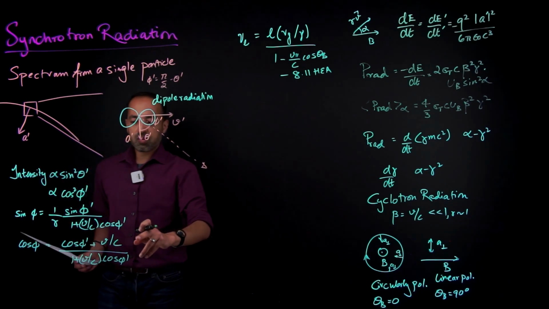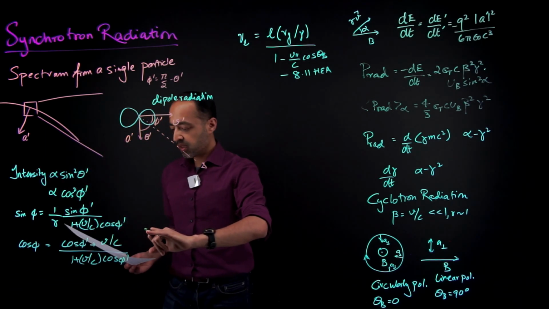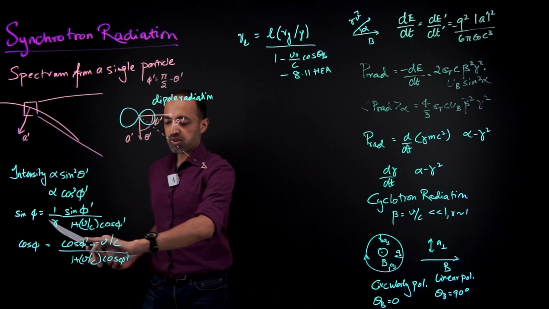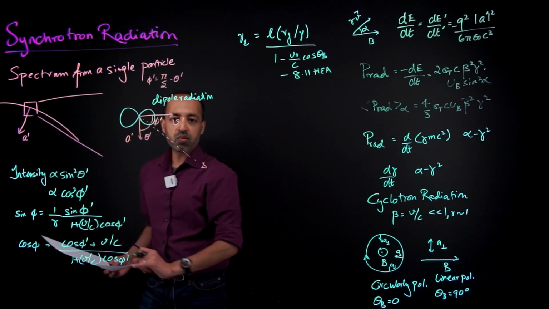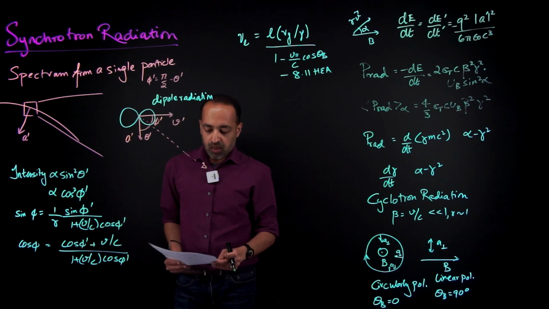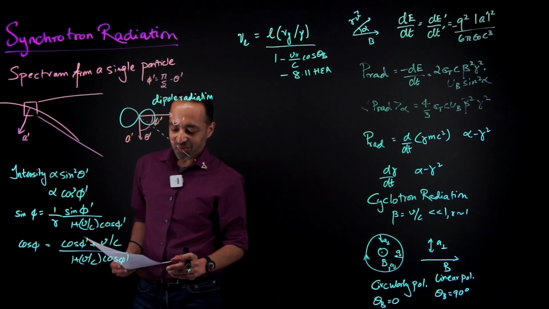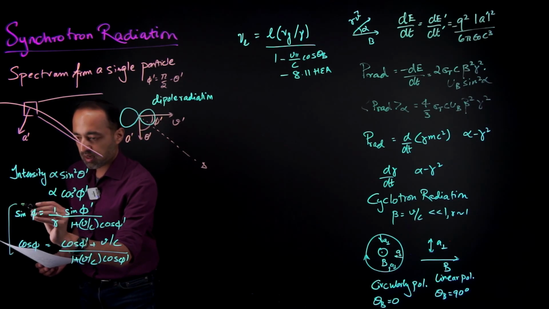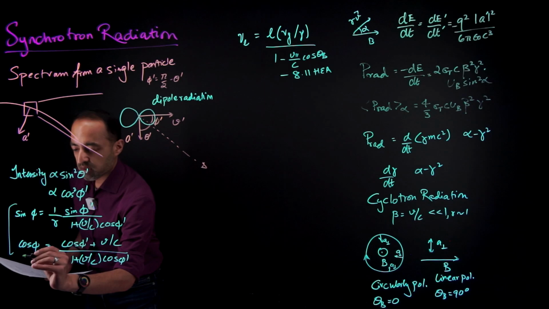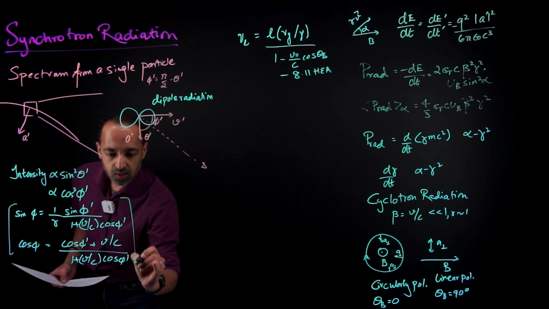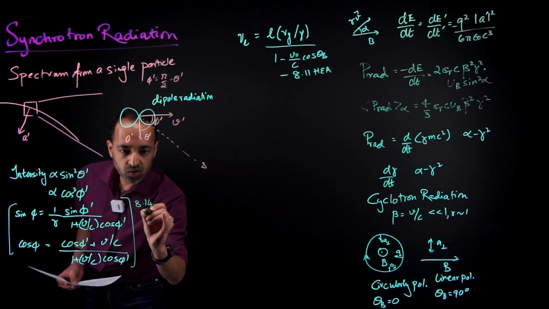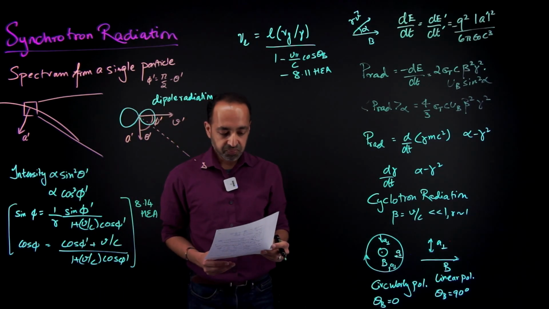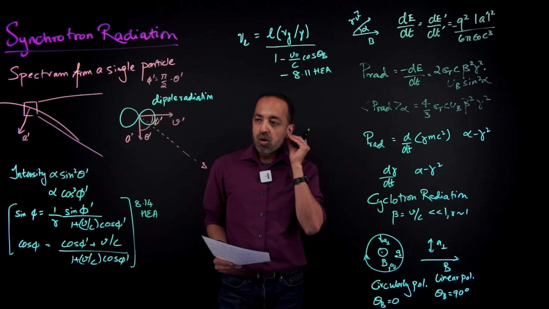If you're trying to memorize these, just note that the denominator is the same in both cases. One has cos phi prime plus v over c, the other has sine phi prime over gamma. These are the relativistic angle transformations, and these are for reference. These two are equations 8.14 of High Energy Astrophysics. So you can find them and the discussion around them there.